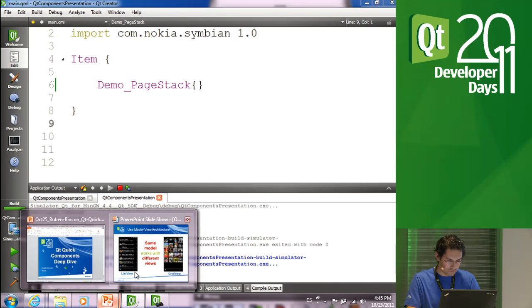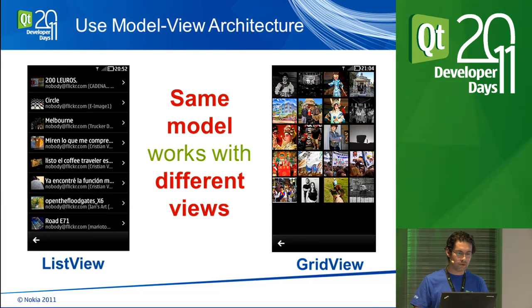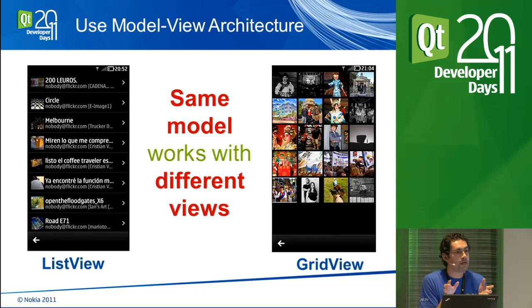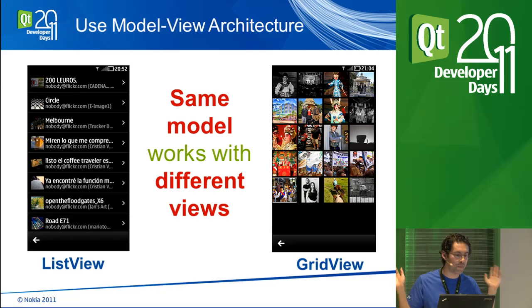Just moving on, this is something you may want to try. The views that come with QML all implement dynamic memory allocation, so they don't put everything in memory. They try to use the memory wisely.